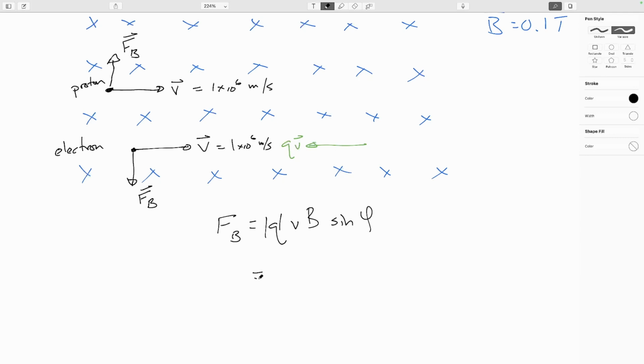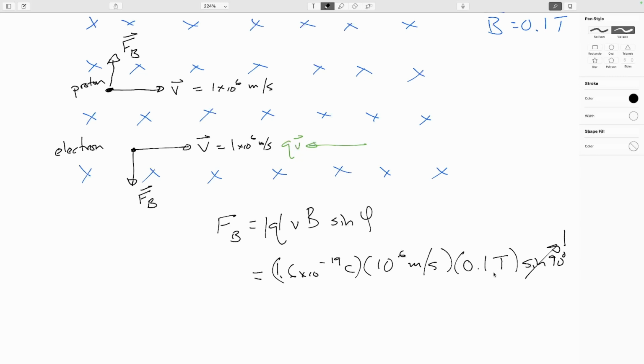All right. So this will turn out to be 1.6 times 10 to the negative 19 coulombs. We're going to multiply that by 10 to the 6 meters per second and 0.1 Teslas times the sine of 90 degrees. The sine of 90 degrees is 1.